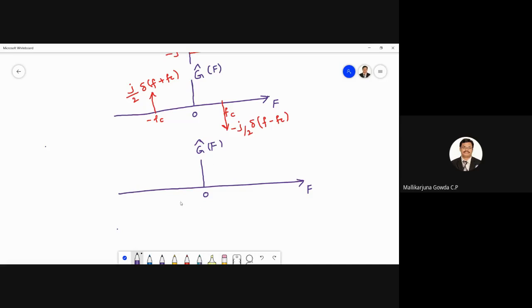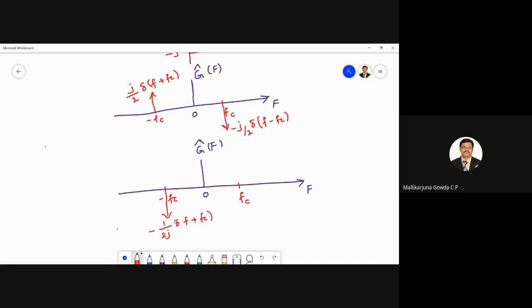G cap of f is equal to, so one is at fc and another one is at minus fc, right? So what I can say is, now I can write this j by 2 del of f plus fc as minus 1 by 2j, okay, del of f plus fc.